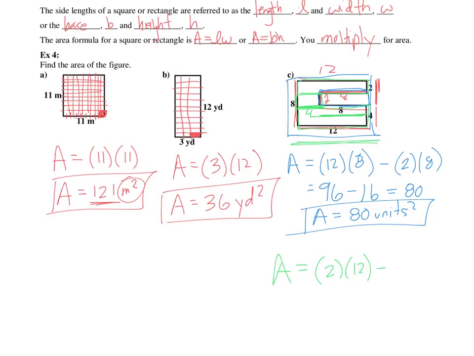So I have 2 times 4, and then you're adding them together, no subtraction. And for the last rectangle, I have 4 times 12. So I end up with 24 plus 8 plus 48, which is equal to what? 80. So once again, you get the same answer, just a different approach.